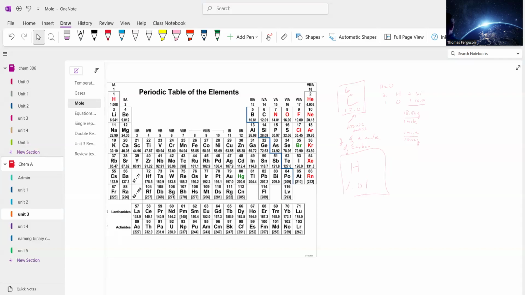Now sometimes we use something called molar mass if we're talking about a molecule, and atomic mass if we're talking about an atom.